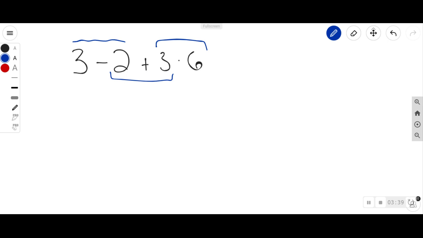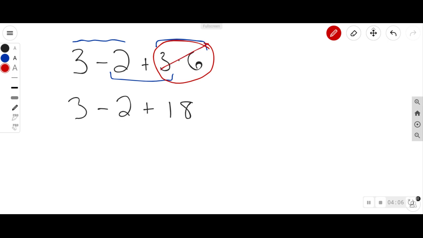So I have 3 operations. PEMDAS says that multiply must happen before add and subtract. So this is the first thing we're going to deal with. Now I'm going to write the other items down since I'm not dealing with them yet. 3 minus 2 plus 3 times 6 is 18.